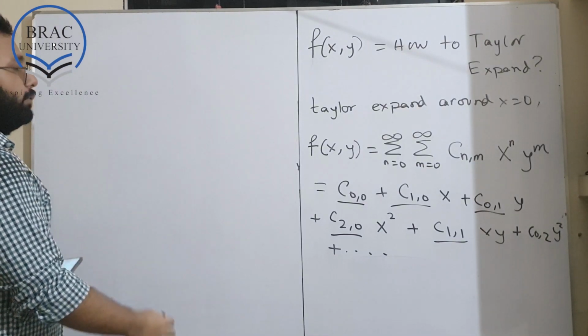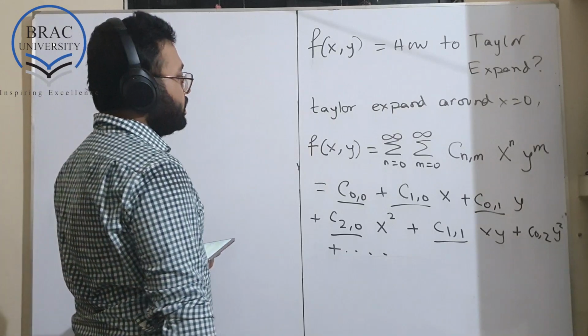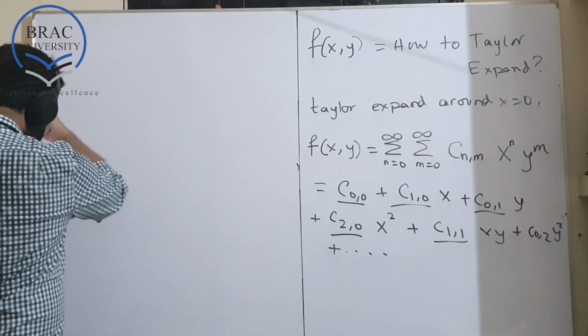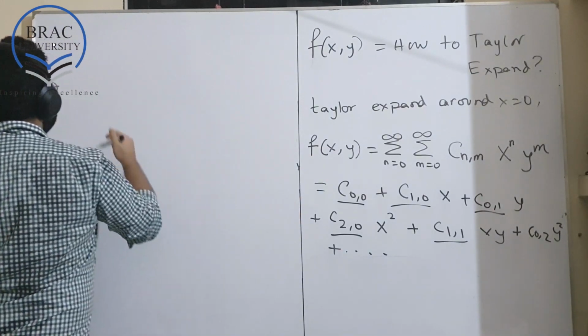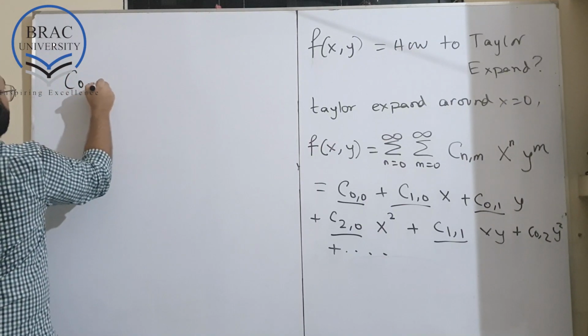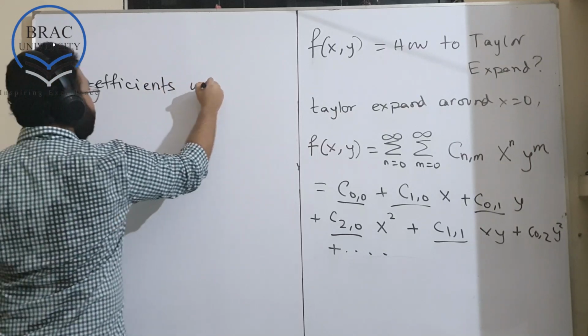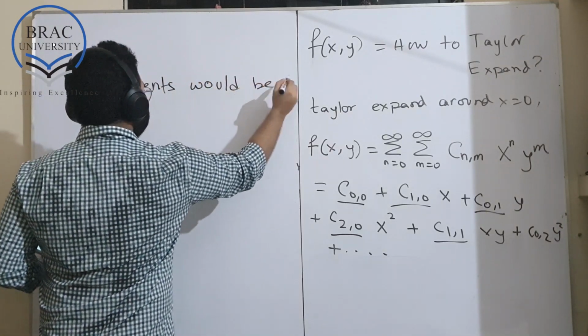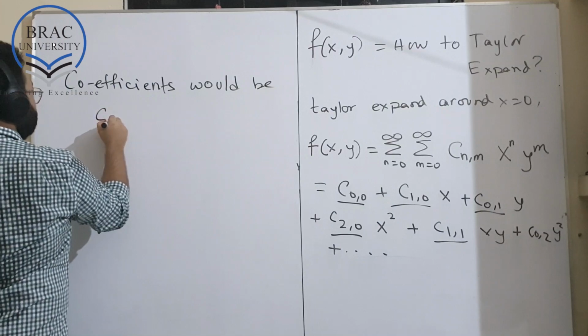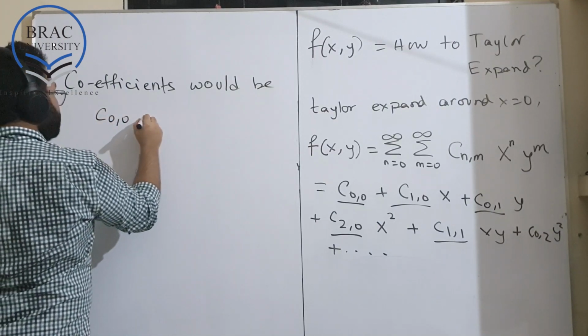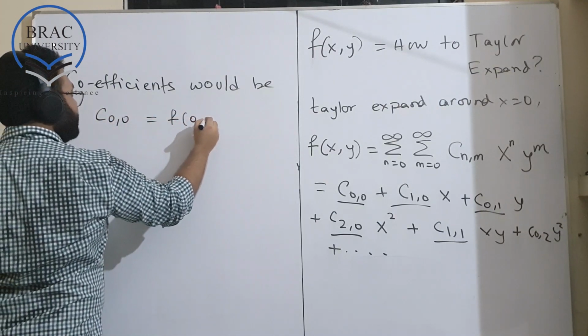It's simple, since we are dealing with two variables, we have to consider partial derivatives to find the coefficients. So c_00 would just be f at 0 and 0.